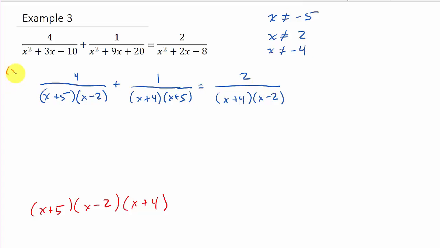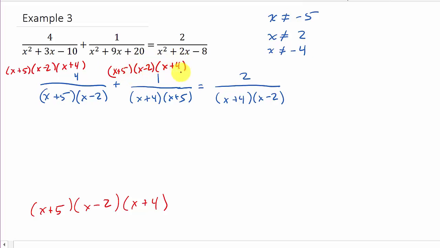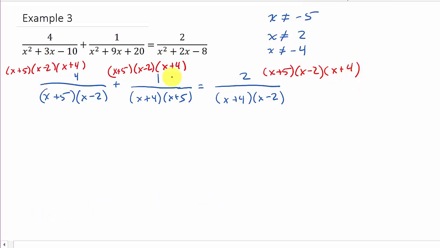So I'll do x plus 5, x minus 2, and x plus 4 multiplied to there. Same thing here, and same thing here. So I multiplied the common denominator to each term.